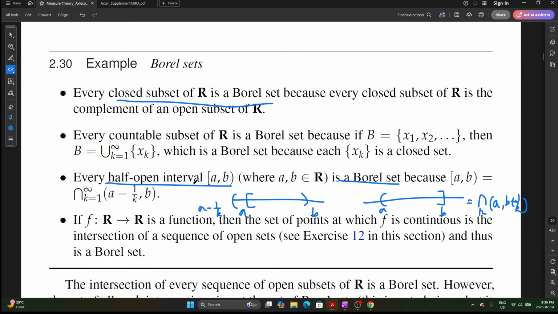Okay, and lastly, f from R to R is a function. By the way, these results need to be memorized, I think. Of course, memorization is based on understanding. The reason we memorize results in math is not because these are passive information to be absorbed, but rather these are shortcuts.